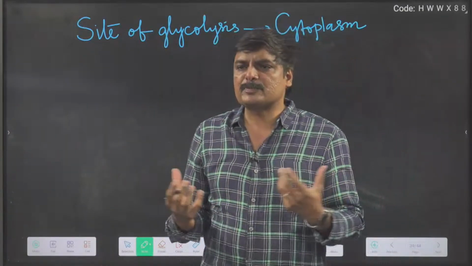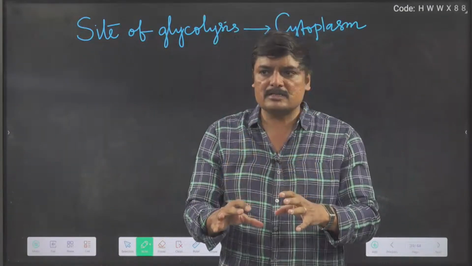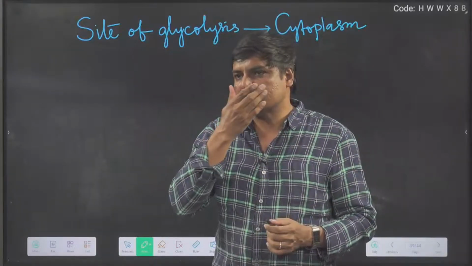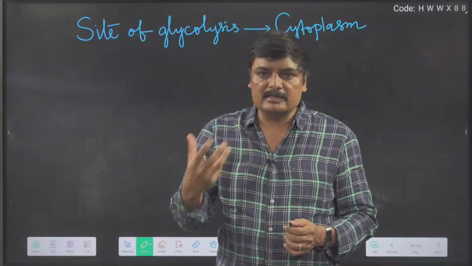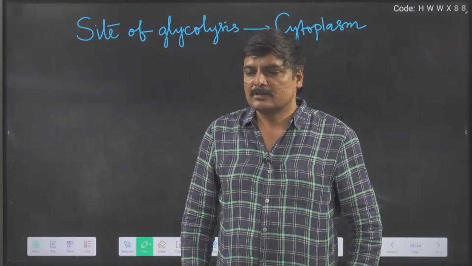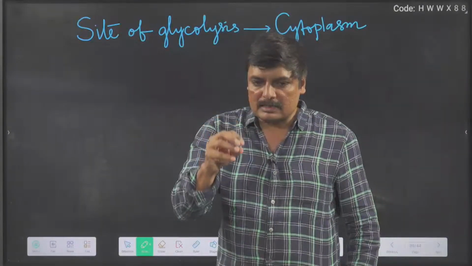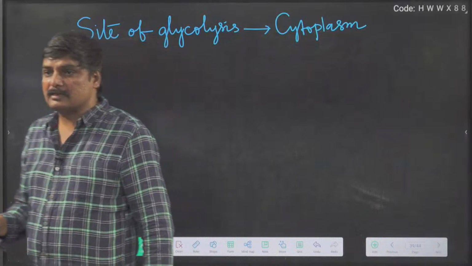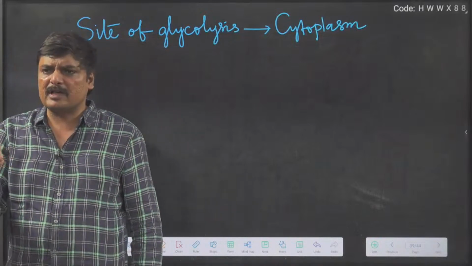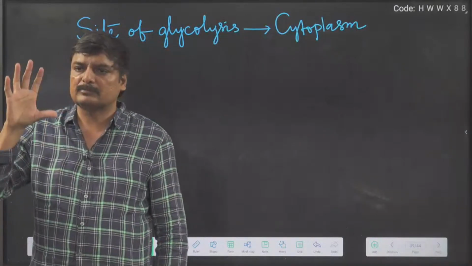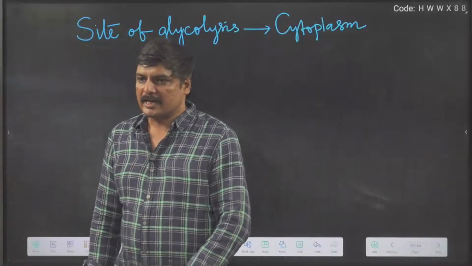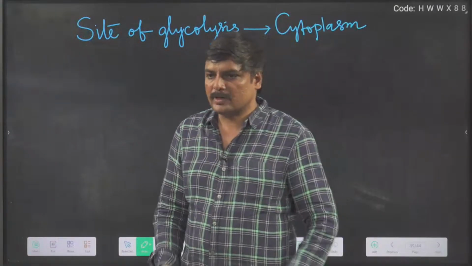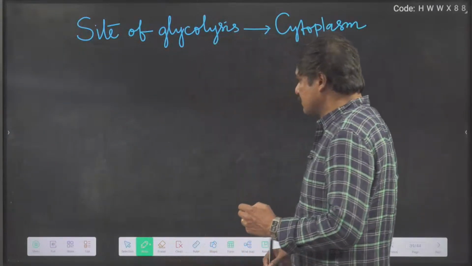I told you cellular respiration occurs in all living cells of all organisms. Therefore, in every cell, there is a cytoplasm. So, glycolysis occurs in the cytoplasm. The site of glycolysis is the cytoplasm. Sometimes you can also call it cytosol. Nothing wrong. Cytoplasm or cytosol. Okay? Right. Next.